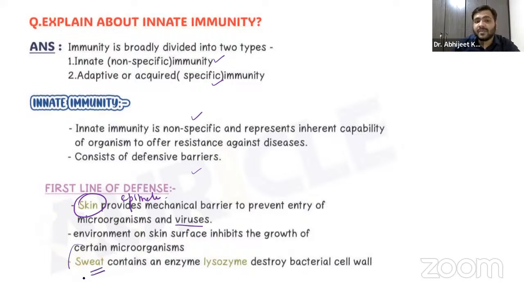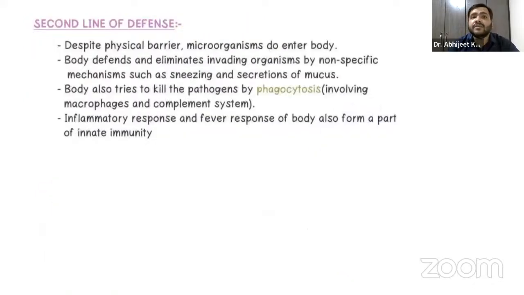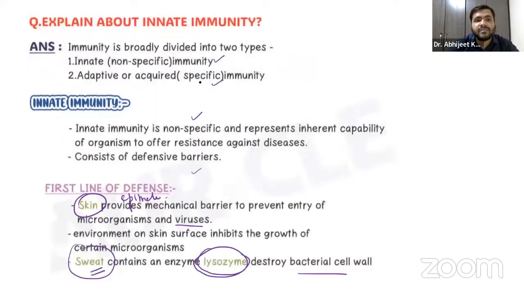The sweat also, like the first line of defense, contains an enzyme lysozyme that destroys the bacterial cell wall. The second line of defense is the acquired immunity, the specific immunity, or the adaptive immunity, right?